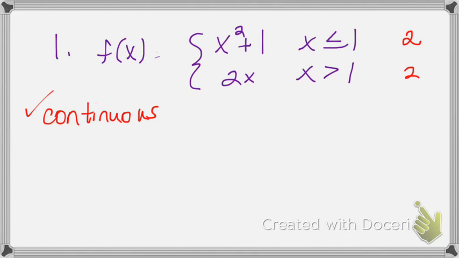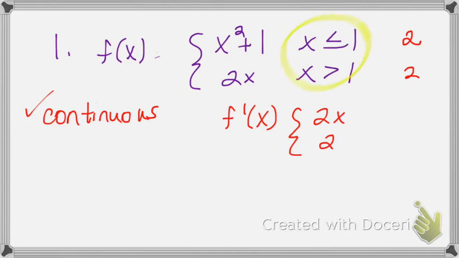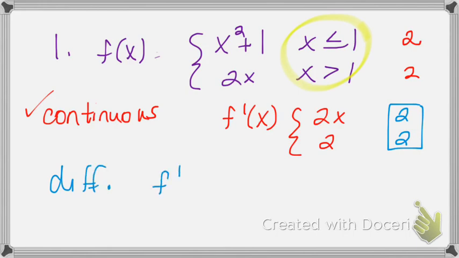So what you do is you find the derivative of each piece. So the derivative of each piece is 2x and 2. You still have to use your 1 from up here. So you plug in 1 into both things. I get 2 and 2. Because these two numbers are the same, that implies that it is differentiable because the derivative at 1 is 2.